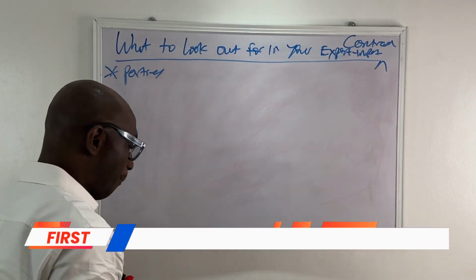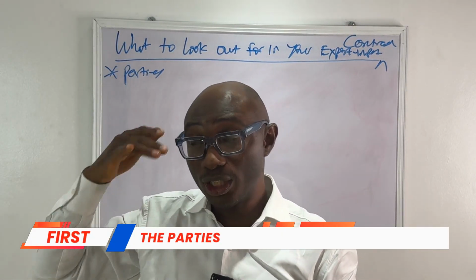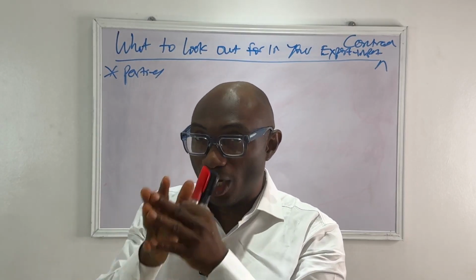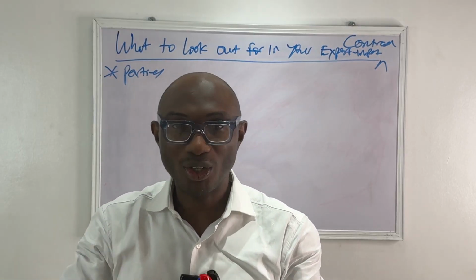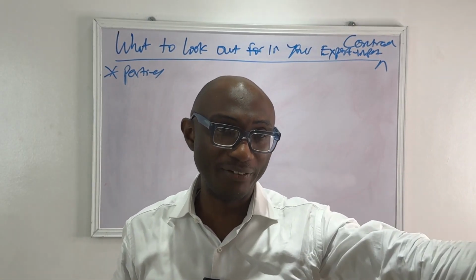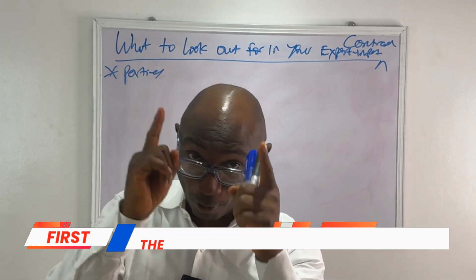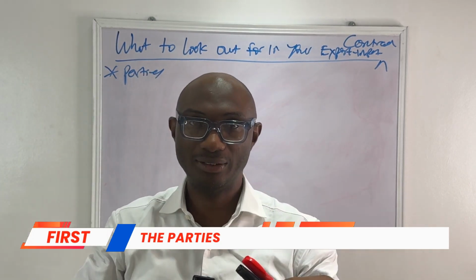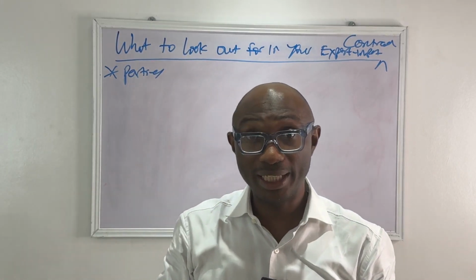The person I discussed with on phone and exchanged mail with, is it the same person and company that sent the contract I am going to sign? Because it's one thing for me to talk to individual A, company A, and then the contract I'm signing is individual B, company B. It's possible, but I need to confirm. Just to be sure, who exactly am I dealing with in this contract?